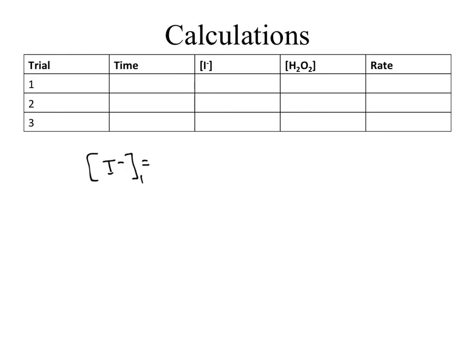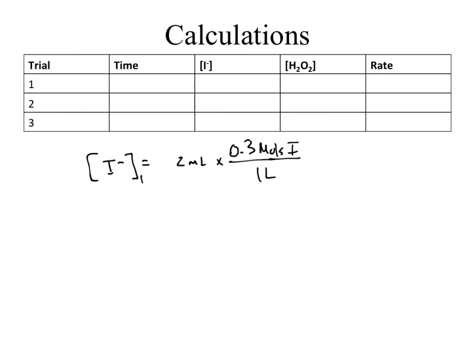I need a number. What's trial 1 supposed to be? 2 milliliters. So 2 milliliters of what concentration solution? 0.3 moles of iodide per 1 liter.